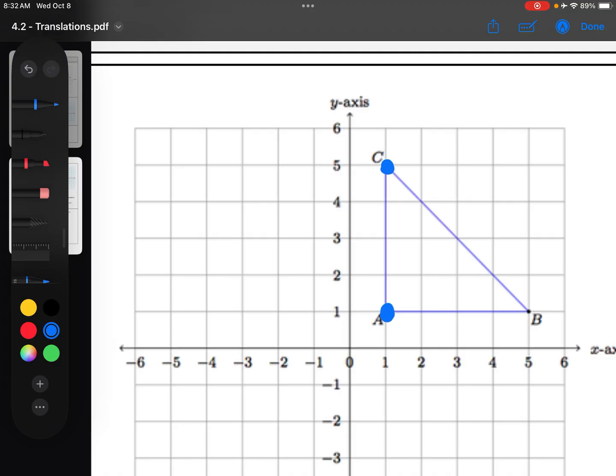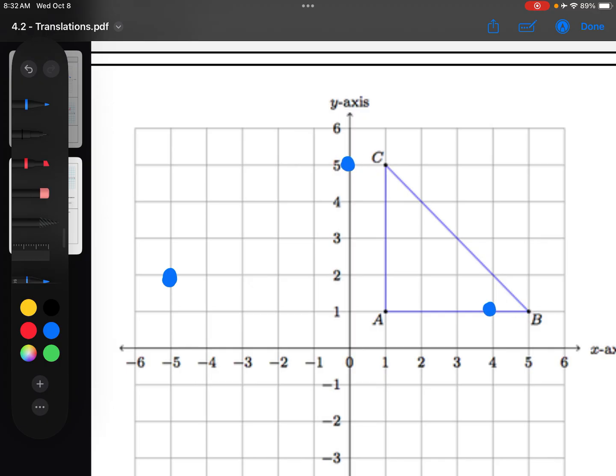Okay, so I'm going to just kind of label each of the points here. They said they want to move everything 6 units to the left and 1 unit up. So that means every single point needs to go 6 to the left. So 1, 2, 3, 4, 5, 6, and then 1 up. These points are going to do the same.